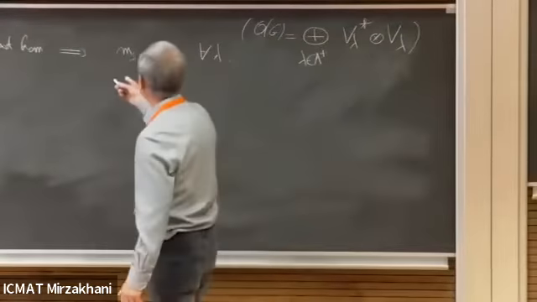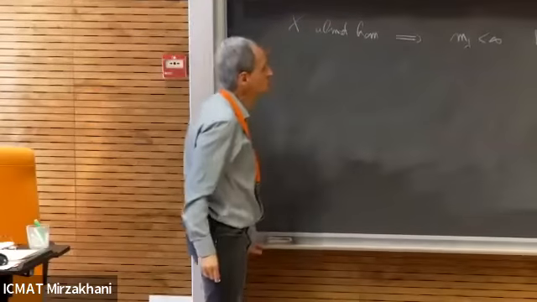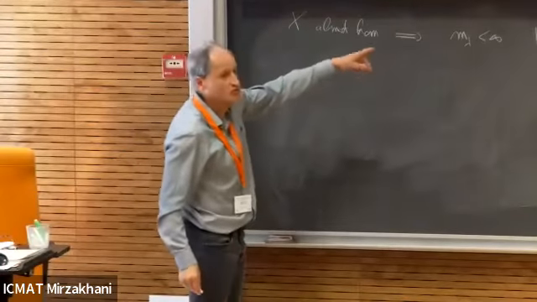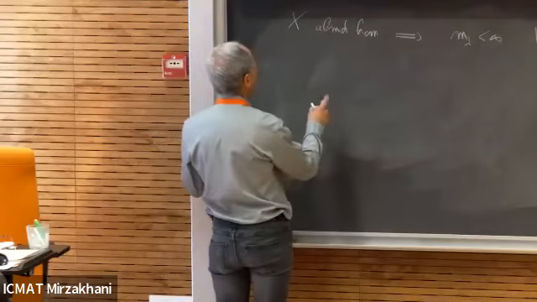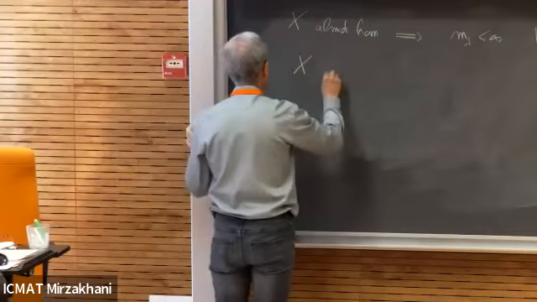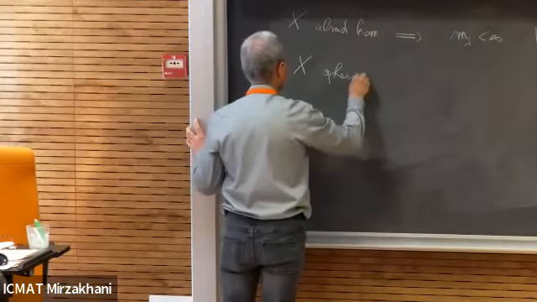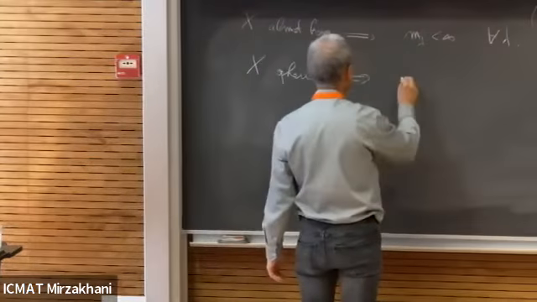And there is no converse here. You can pick up examples with finite multiplicities, but not almost homogeneous. But for spherical varieties, there is a nice converse. X is spherical if and only if you have two conditions.